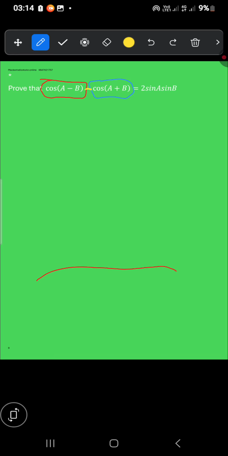To expand the one in red, it's going to be cos a cos b plus, we're just following the compound angle identities, sine a sine b, then put this minus here.